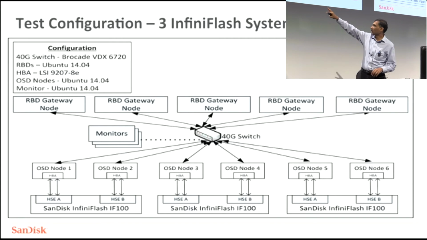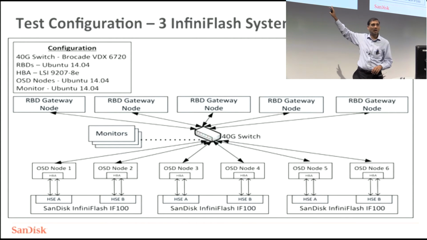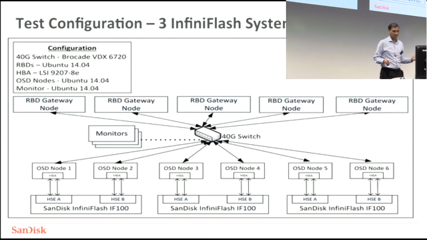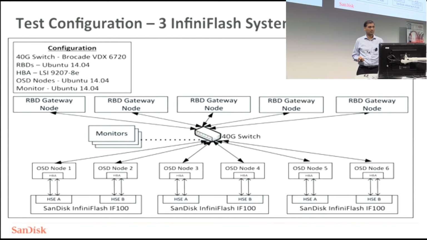Now you actually have 6 OSD nodes powering this cluster. At the end, the total capacity of this cluster is around 385 terabytes, with 6 OSD nodes and about 5 gateway nodes, with the same configuration and the same type of servers running this.